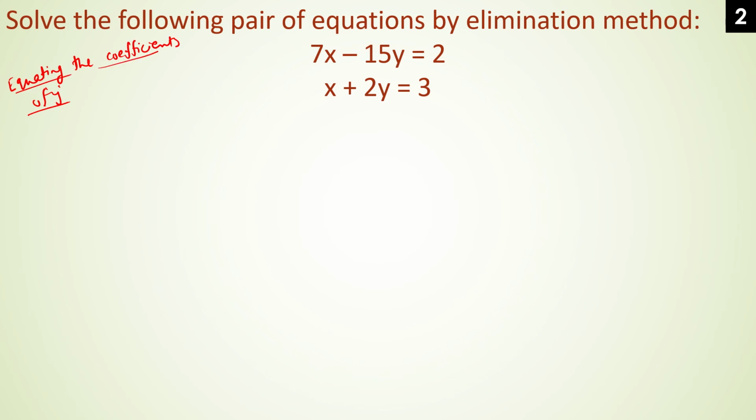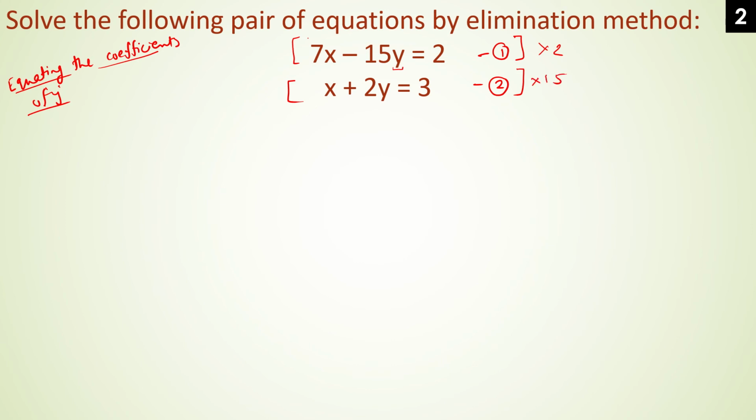So here this is equation number first, this is second. See here, the coefficient of y in the first equation is minus 15 and in the second it is 2. To equate the coefficients, we will multiply equation number first by 2 and second by 15.